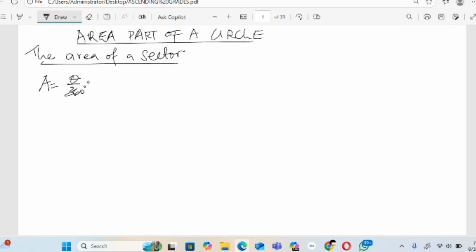That is the formula we were using to find the area of a sector. That is just a reminder. We can look at one example on how to do that.